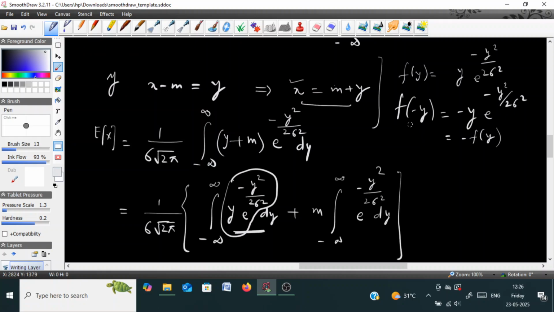Then f of minus y is minus times f of y. We have an odd function, and the integration of an odd function is 0. So the first term, this multiplied by this, becomes 0.